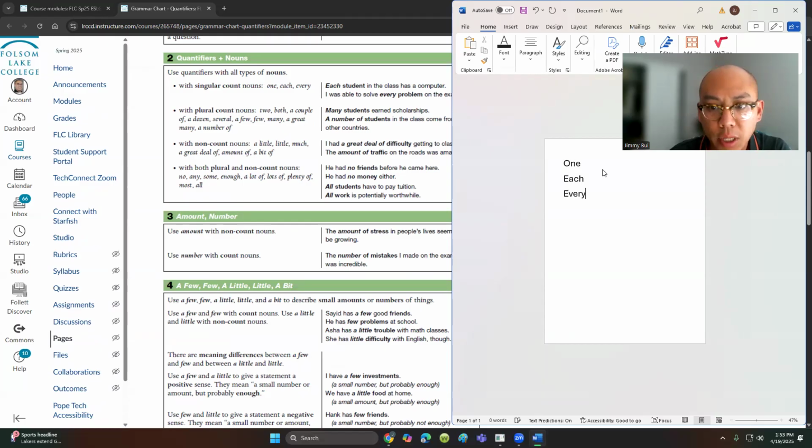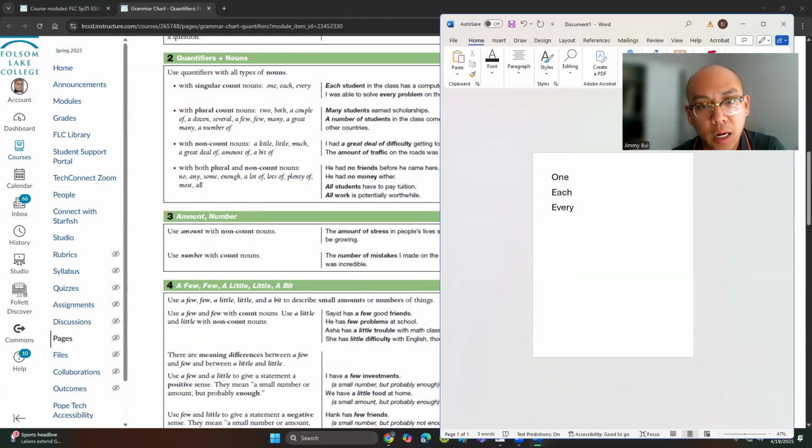Singular count nouns are things that often would have an article, a or an, right? Things that are countable when they are singular, referring to one: a dog, an apple.